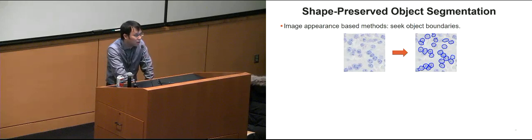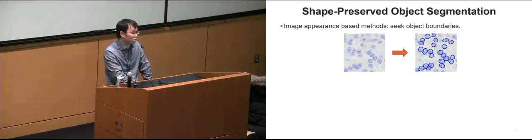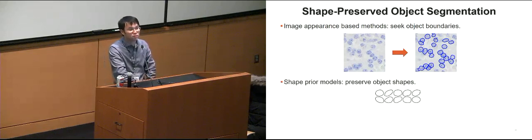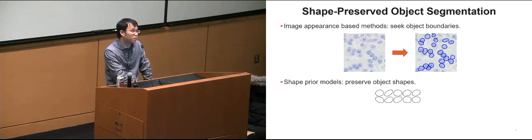As we can see, based only on the image appearance, it's not necessarily guaranteed that you can preserve the shapes or size of the objects, in particular for those touching cases or those that have very weak object boundaries. On the other hand, the shape prior modeling can preserve this high-level information.